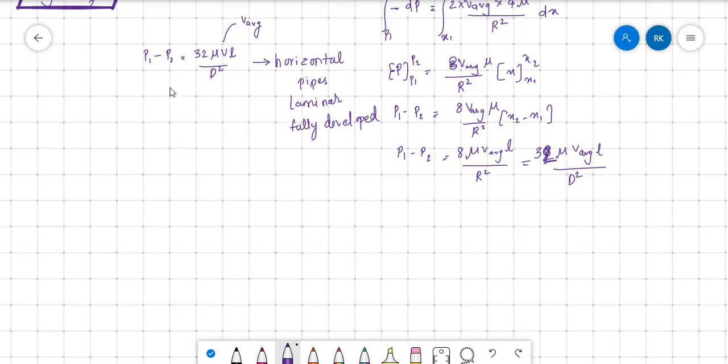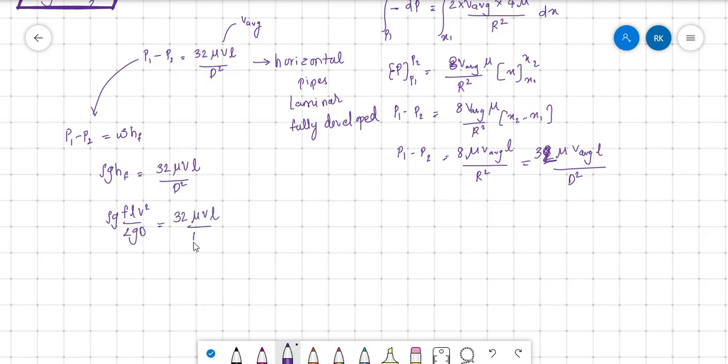And one thing should be derived from this. We know that this is the head loss. P1 minus P2 is equal to W into HF. This is due to friction. So substituting, rho G HF is equal to 32 mu VL by D square, meaning FLV square by 2GD into rho G is equal to 32 mu VL by D square.